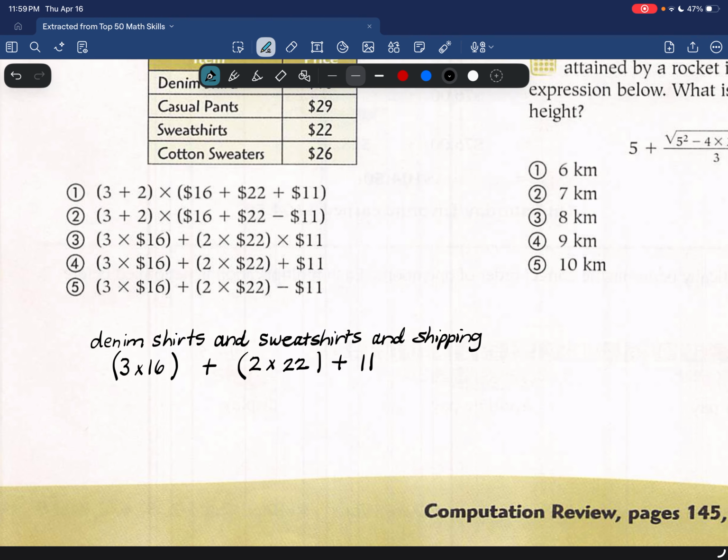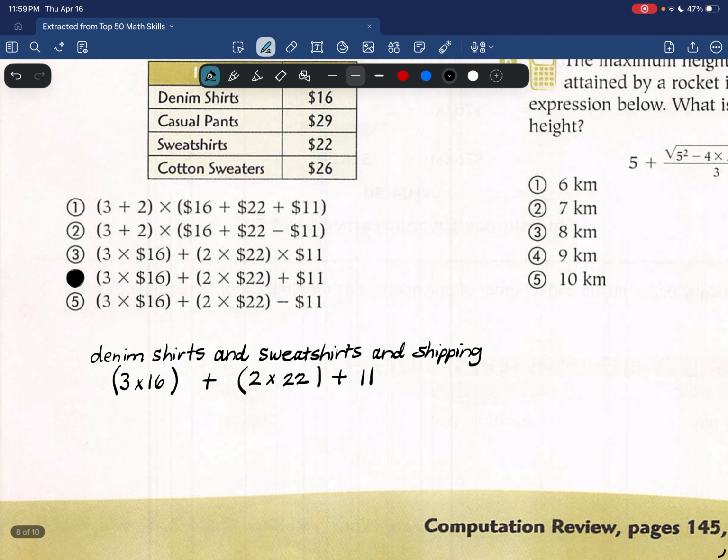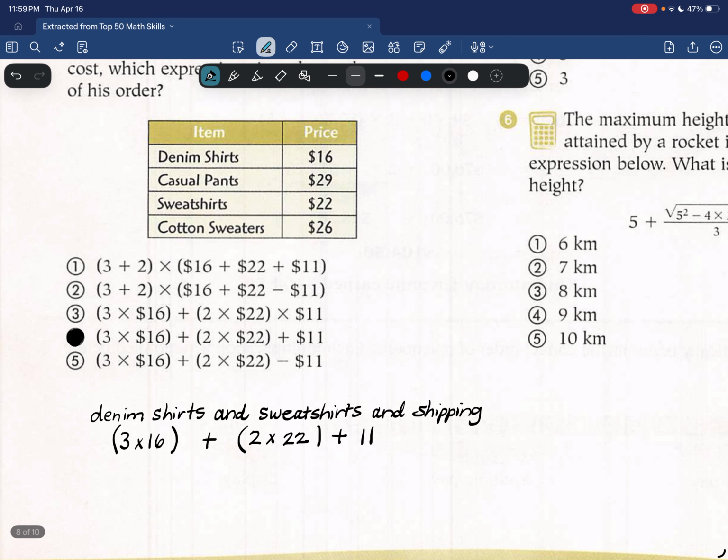So I'm looking for something like this. I am liking option 4, but let's figure out what's wrong with everything else. Number 1 is adding the 3 and the 2. That's not what we want to do because they're different kinds of shirts. Same thing here. Don't want to do that.